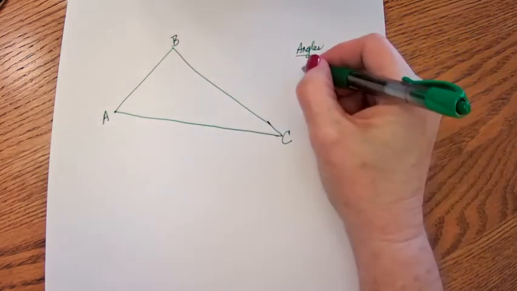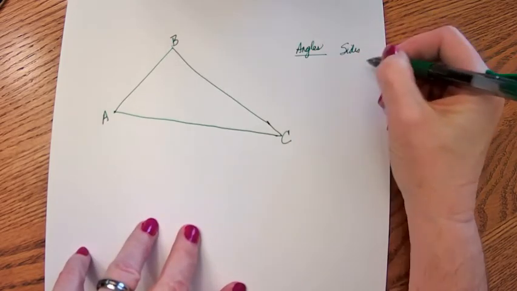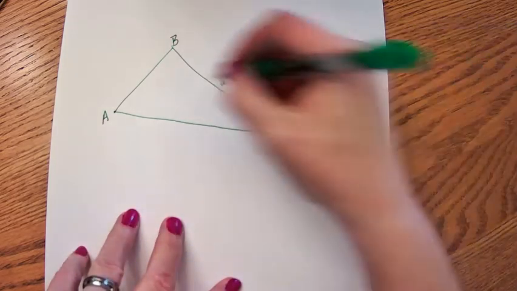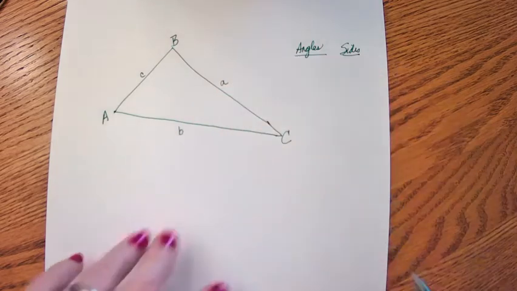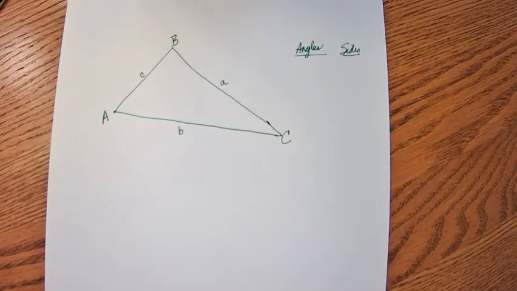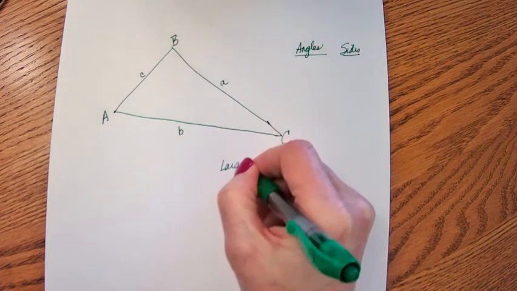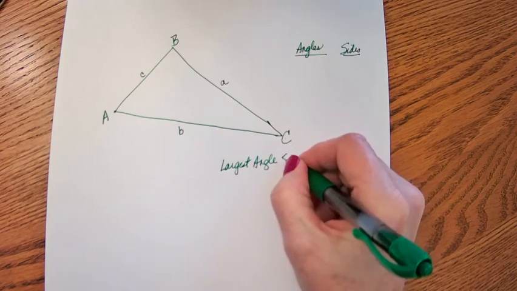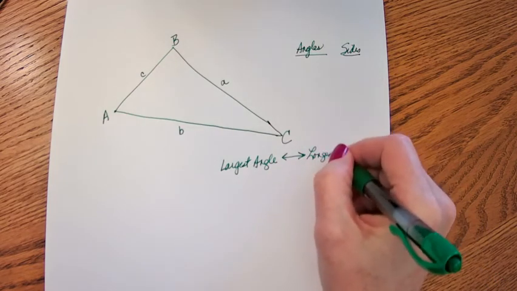They are all uppercase. And here I'm going to have my sides. These have the same name but lowercase. Here's side A, here's side C, and here's side B. The largest angle is always opposite the longest side.